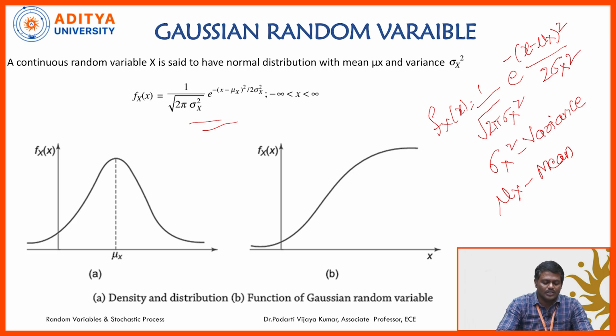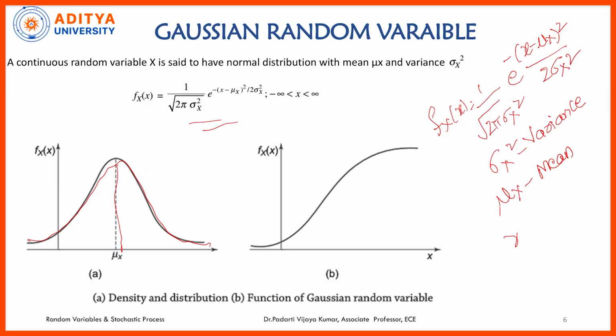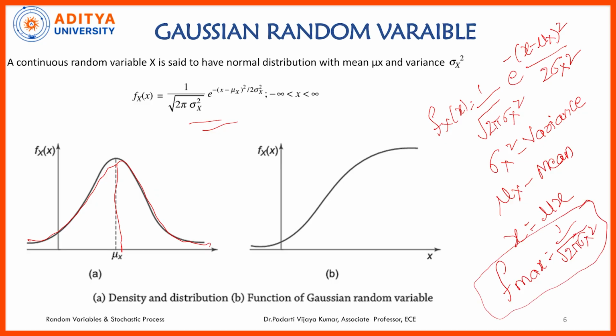This is the Gaussian density curve. It is a bell-shaped curve and the maximum value is located at the mean value. So, when x is equal to μ_X, the maximum value f_max is equal to 1 / (√(2π) σ_X). This is the maximum value we will get.